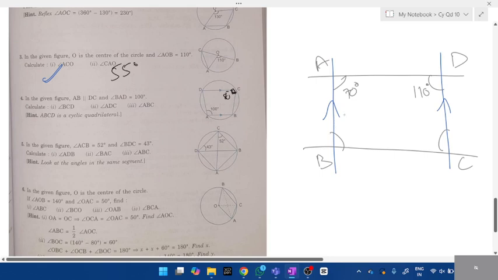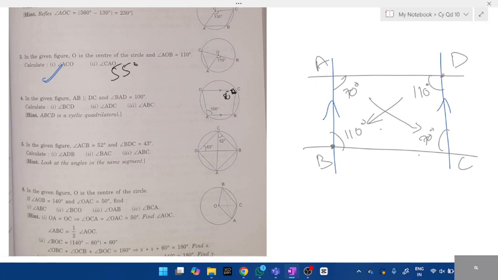When the parallel lines are left and right, the angles on left and right will be co-allied. Okay, assume this is a cyclic quadrilateral. If D is 110, what about B? 110. This is the concept. This is the parallel line concept. Whichever direction the parallel lines are, only there you will get co-allied angles.